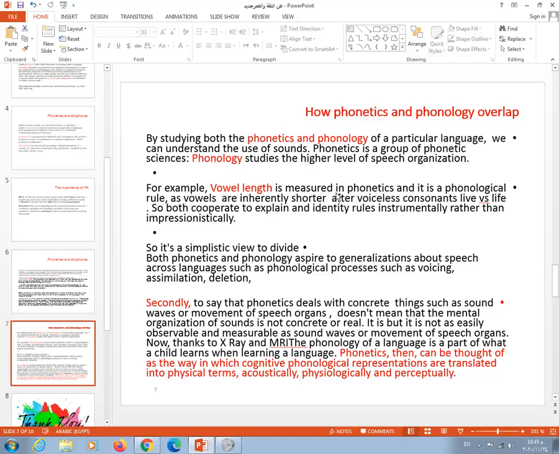Okay, on page 14, please move on to page 14. We're going to look at the term phoneme and how it appears in the form of allophones. At the bottom of page 14 we have the k sound, and how it contrasts with the t sound.